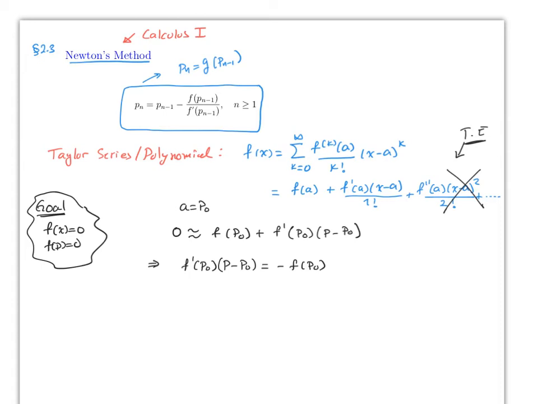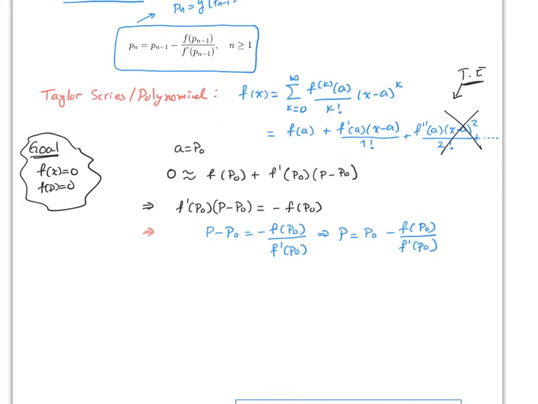All right, so now if we divide by f prime on both sides, we will end up with p minus p0 is minus f of p0 divided by f prime of p0. And then if we solve for p, remember that p is the fixed point, then this will be p0 minus f of p0 divided by f prime of p0.